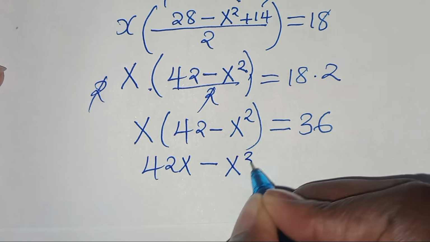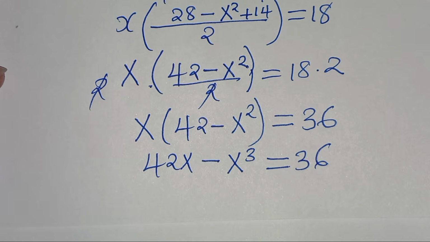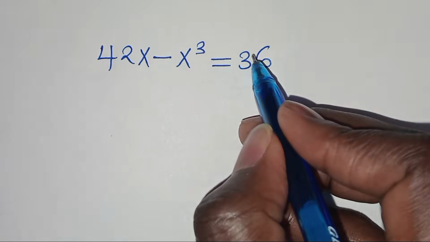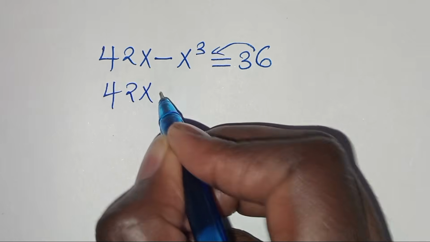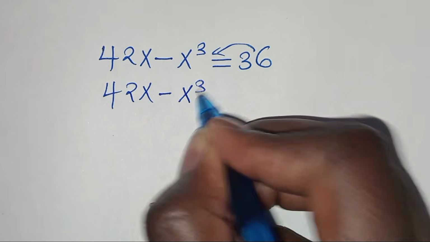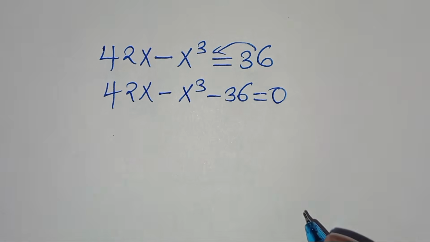This is x to the power of 3. And this is equal to 36. Now let's take 36 on the left hand side. We have 42x minus x to the power of 3 minus 36. This is equal to 0.